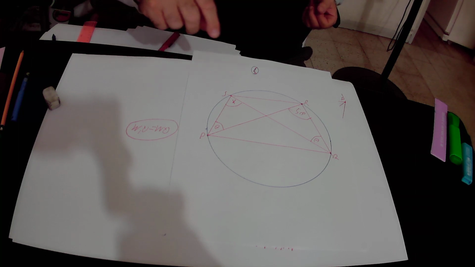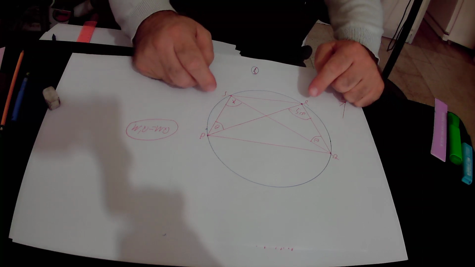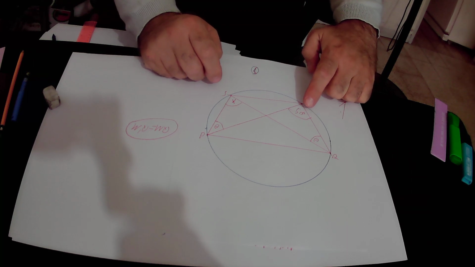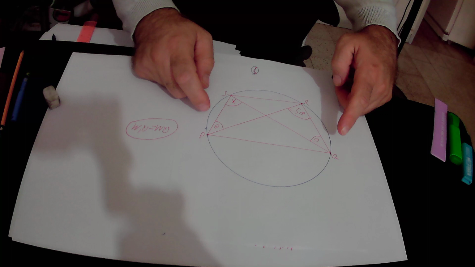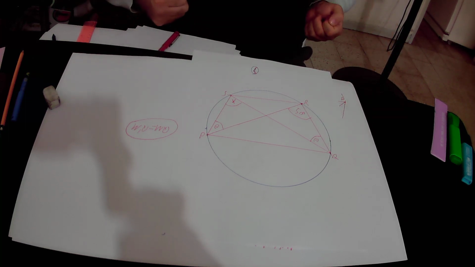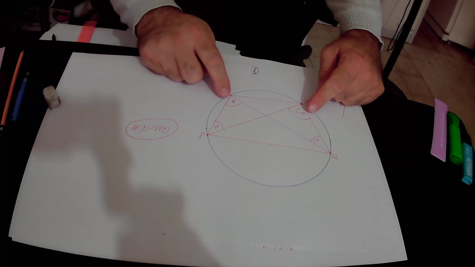Here we have peripheral angle X that subtends on chord PQ, and we have peripheral angle PRQ that equals 50 degrees that also subtends on the same chord PQ. Therefore, according to rule number 2, those two angles that subtend on the same chord are equal to each other.